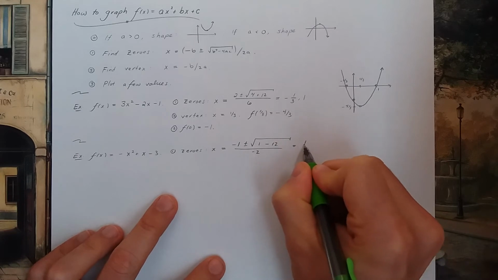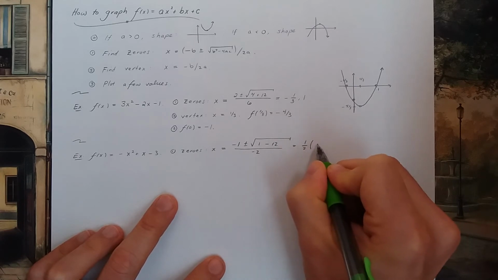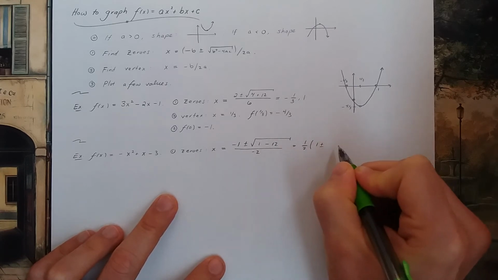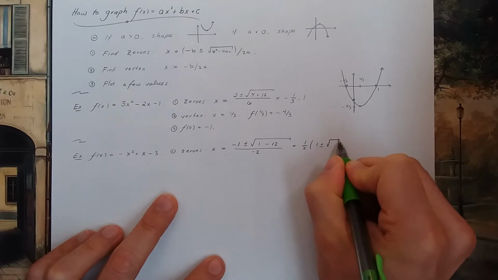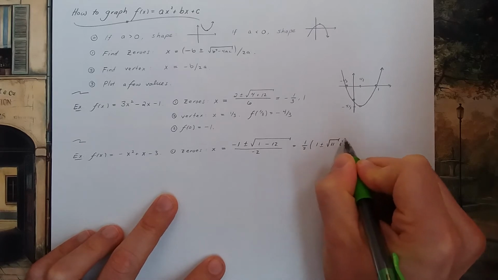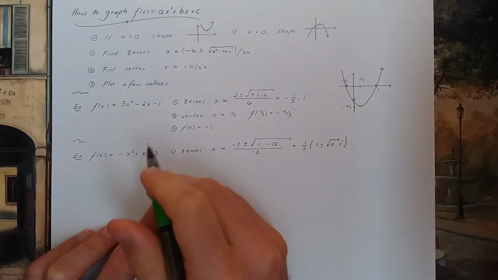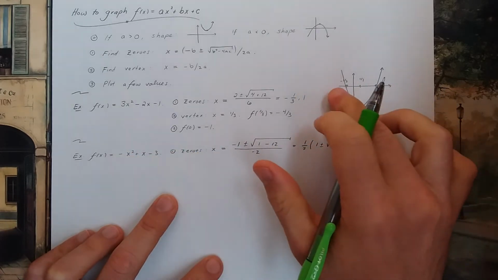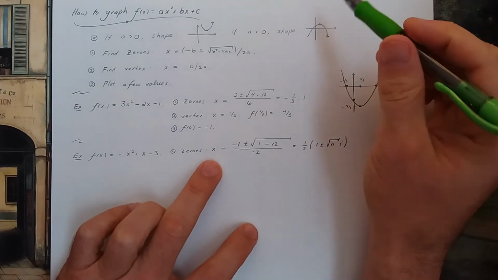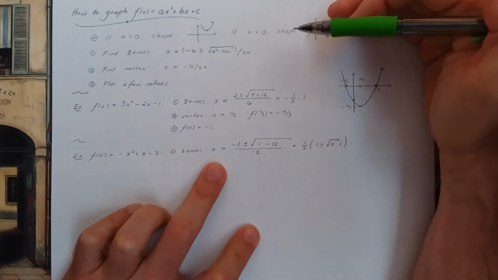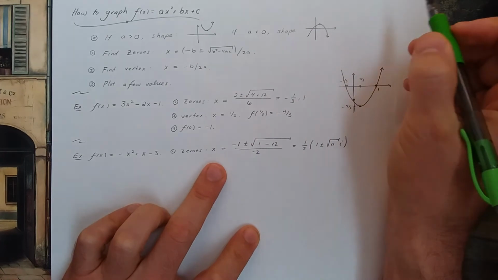So if you do a little bit of the calculation, I believe you'll get 1/2 times 1 plus or minus the square root of 11i. There are no real roots. There is no place on this parabola where you cross the x-axis. Therefore, it's a downward-facing parabola that lies below the x-axis.